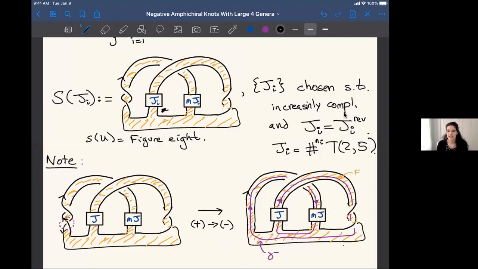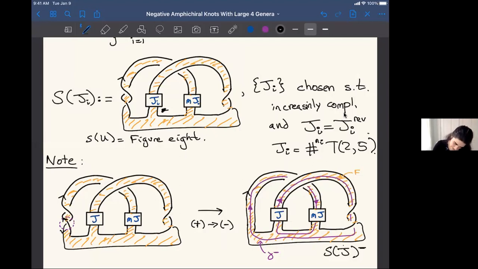And if I change that to a negative crossing, I get what I'm going to call S of J minus. And what I need to do is convince you that S of J minus is in fact a slice knot. And so this is actually why I've kept this genus 1 Seifert surface around. So let me tell you about a nice way to prove that a knot is slice.